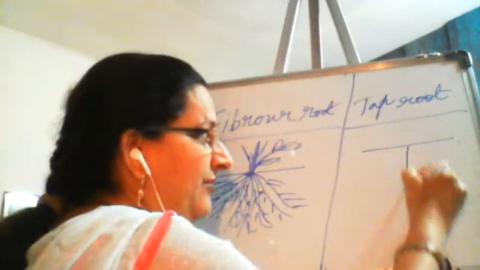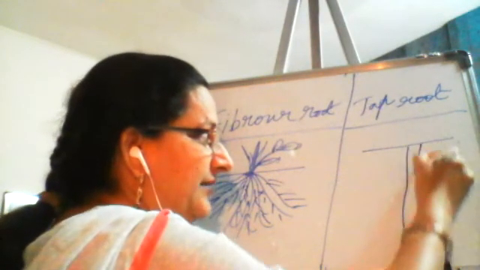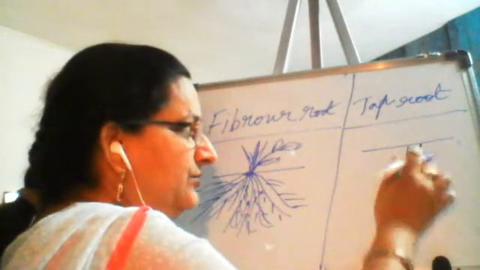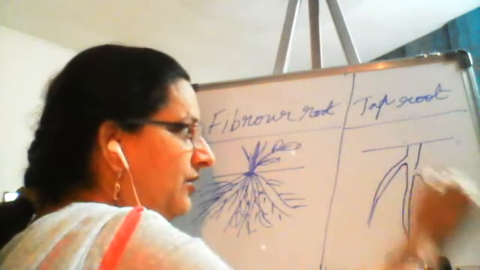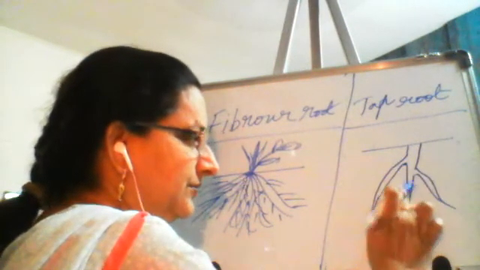So if this is the ground level, I have the main root like this. Can you see the main root? And I have the small roots coming from this, the small roots coming out of this.